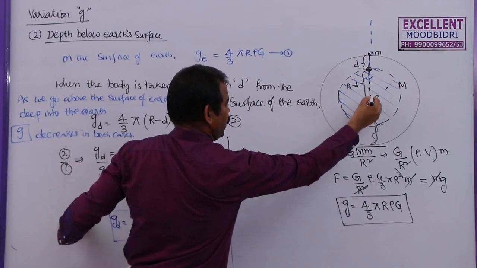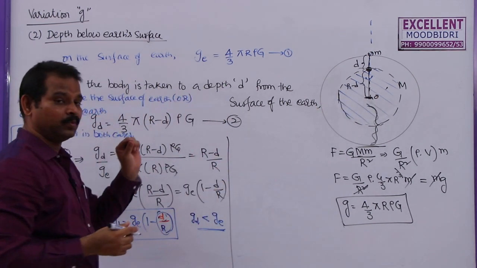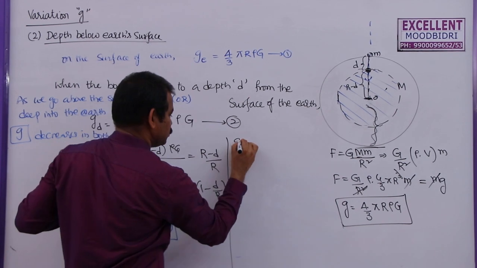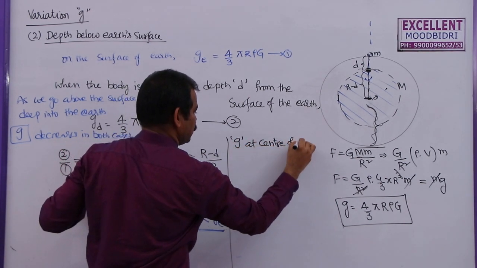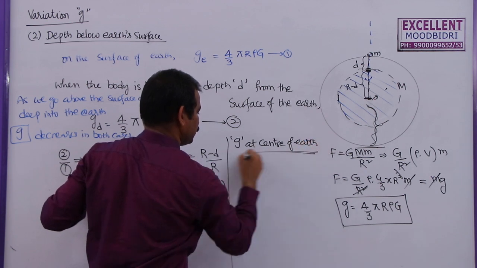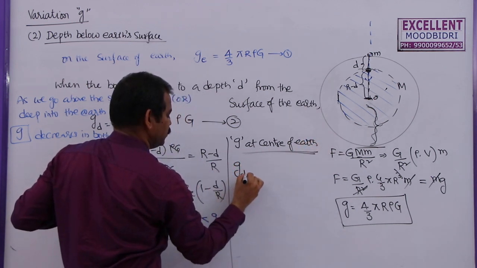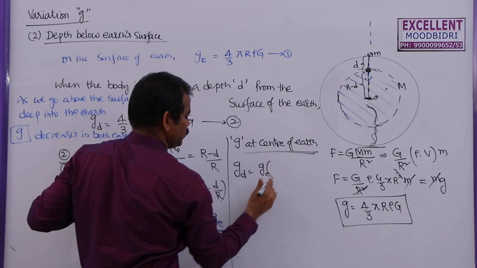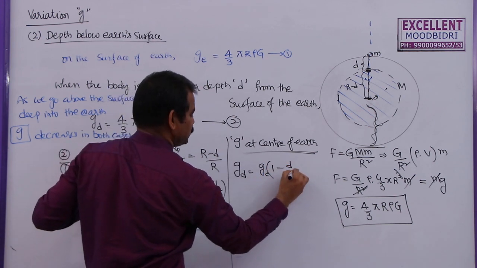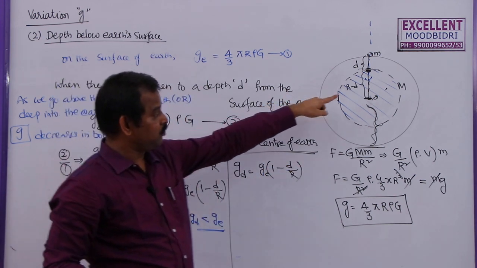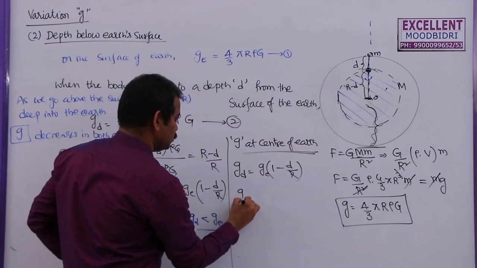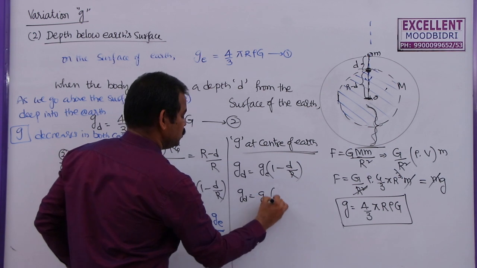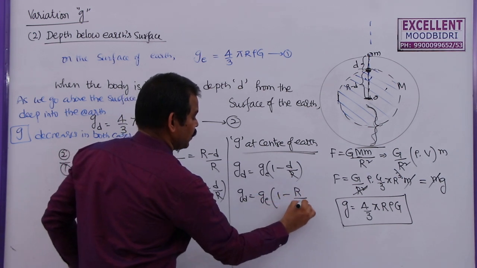If you take this point, the center of the earth, what is small g at the center of earth? Small g at depth d is given by g on the surface of earth times (1 minus d by R). So what is the depth here? Depth is nothing but the radius of the body, so d is equal to R. So g_d is equal to g_e into (1 minus R by R).